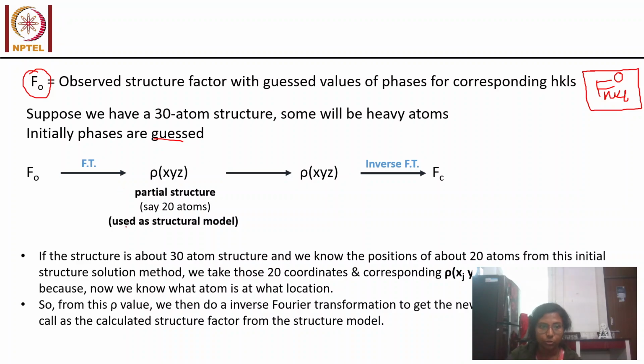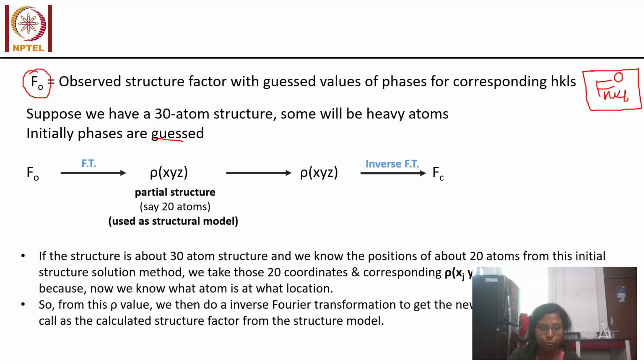So if the structure is about 30 atoms and we know the position of about 20 atoms from the initial structure solution, we take those 20 atom coordinates, and the corresponding electron densities are then known, because now we know what atom is at what location.